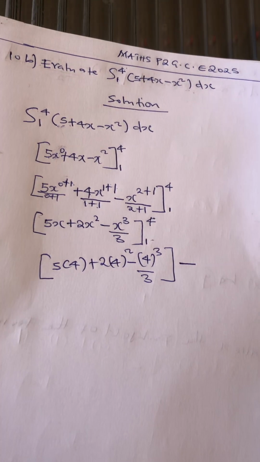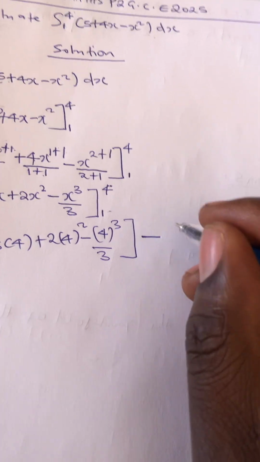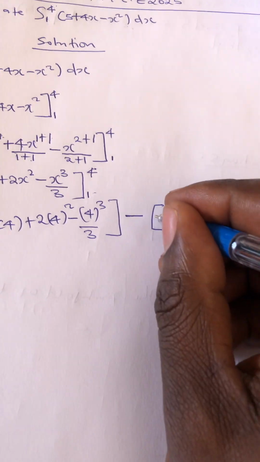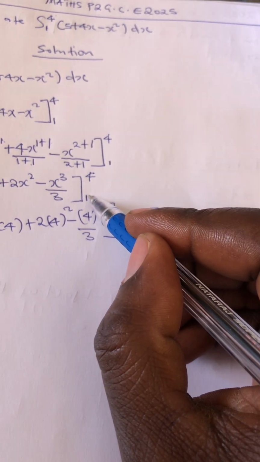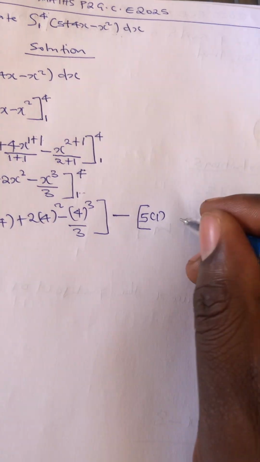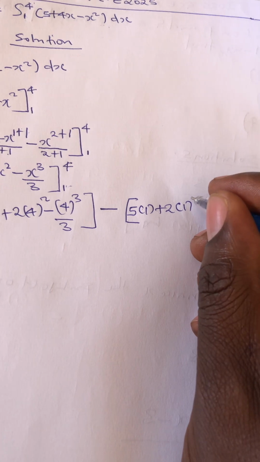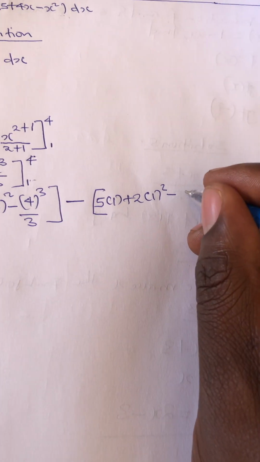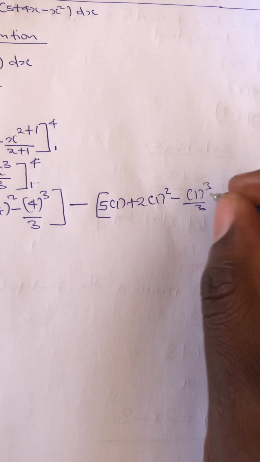Then we're going to say 5, putting 1 here, so we have 5 times 1, plus 2 times 1 to the power 2, minus 1 to the power 3 over 3.